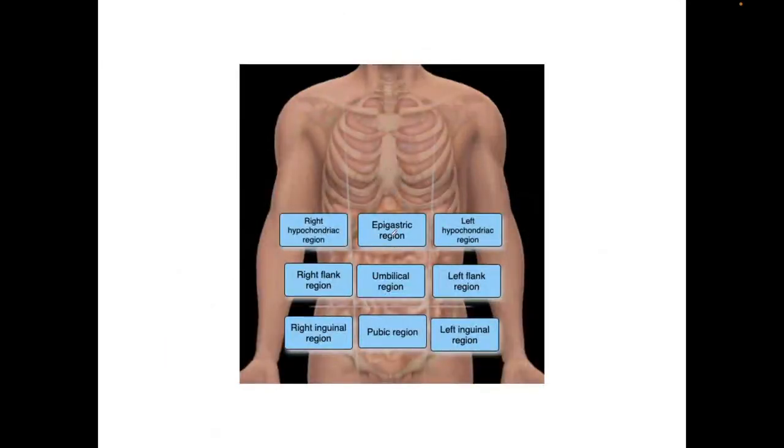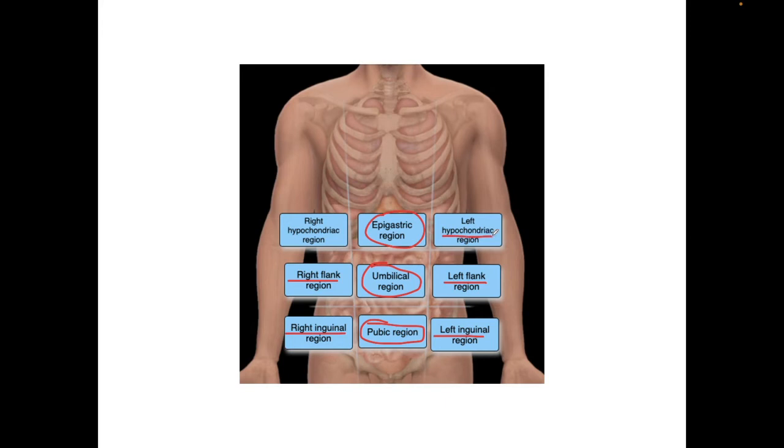Okay. So now this has shown up in the past, and it's a drag and drop. Again, you'll have the options here off to the side. So we know that this is the umbilical region in the center. Epigastric, above the stomach, is above it. Hypogastric or pubic region is below it. We have a left inguinal, a right inguinal, left lumbar or left flank, right lumbar or right flank, they're interchangeable.